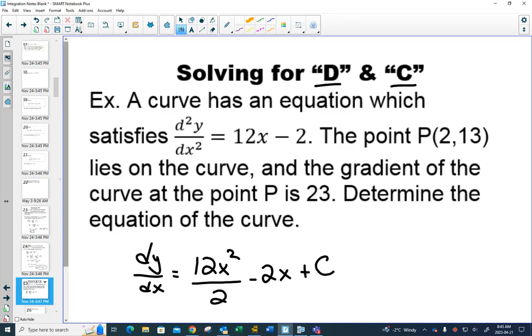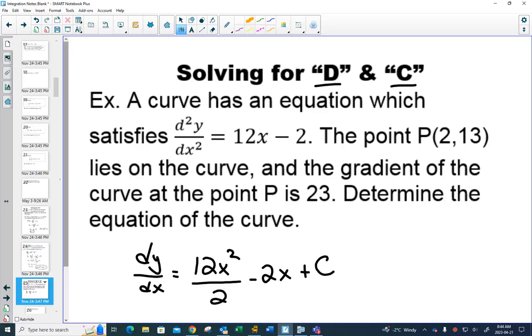Now, I would need to solve for c. In order to solve for c, I need some information about the derivative. And in this question it says the point 2, 13 lies on the curve. Well, that's on the original graph, not on the derivative. And the gradient of the curve at the point P is 23.